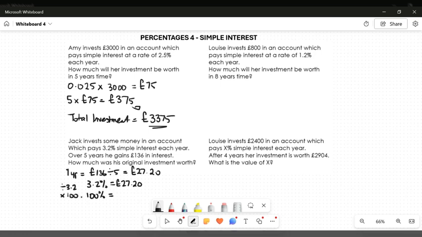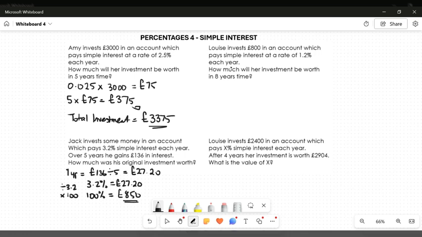So do the same to the £27.20, divide it by 3.2, times it by 100, and we see the original investment is worth £850. Right, press pause, have a go at the two on the right hand side, and when you're ready, press play again and I'll go through them.